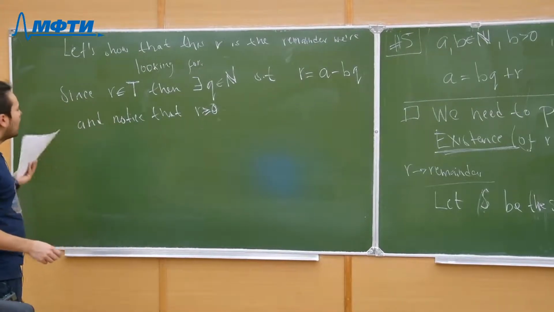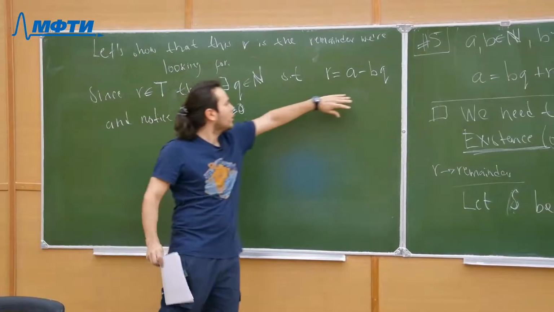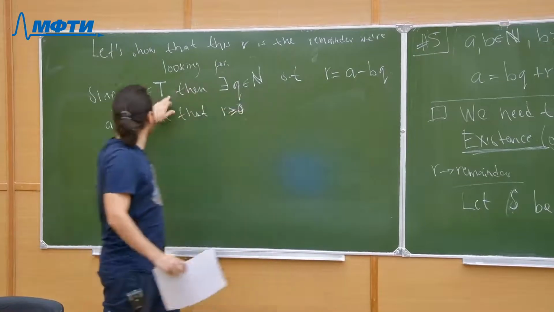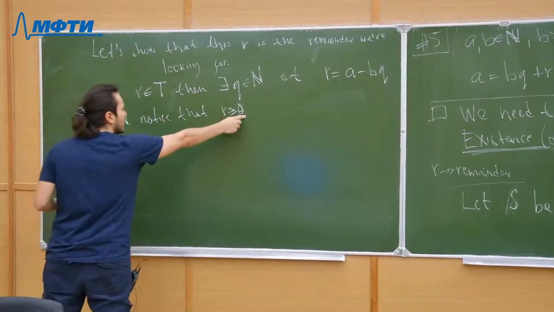Okay, so we found that we have some R, and for this R there exists some Q, and R is at least 0.